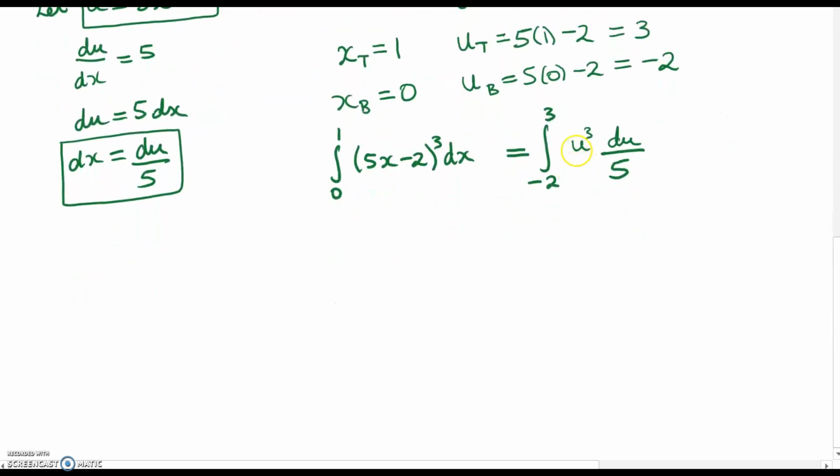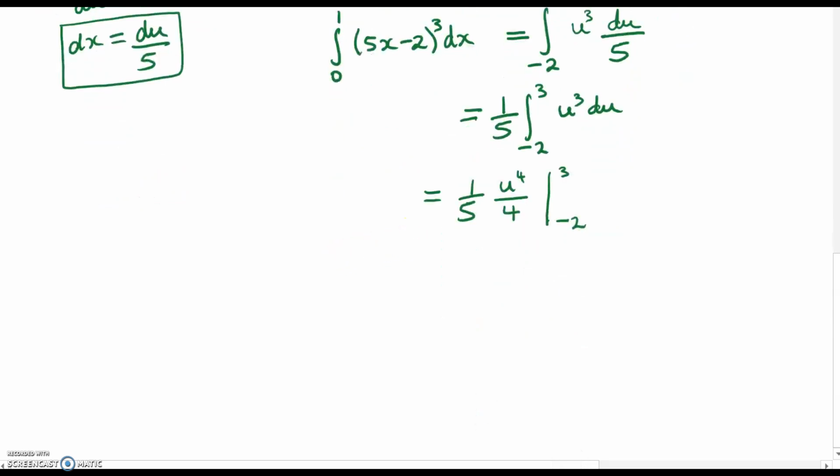Okay, so now let's pull out the 1/5. So it's going to be 1/5 of the integral from negative 2 to 3 of u cubed du, which is 1/5 of u to the power of 4 over 4, and we have limits, so it's going to be from negative 2 to 3.